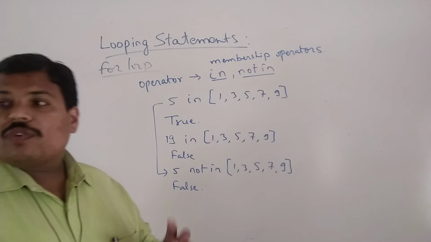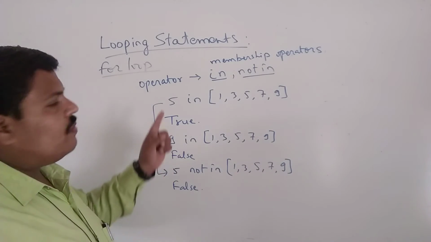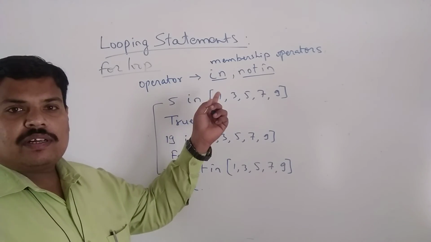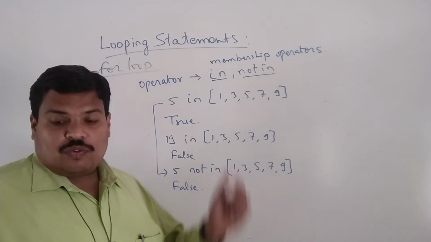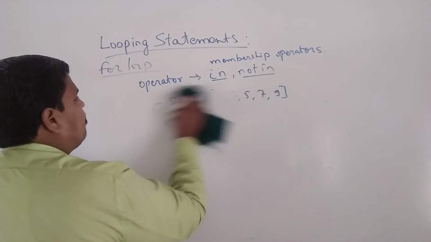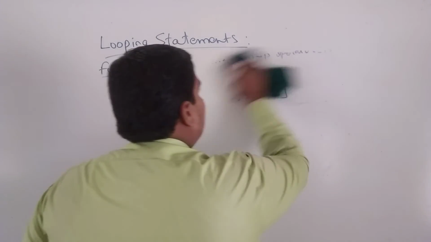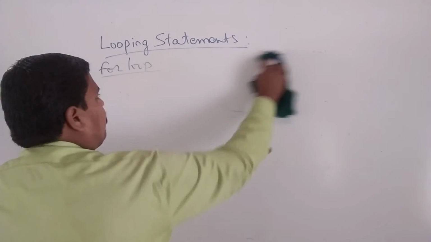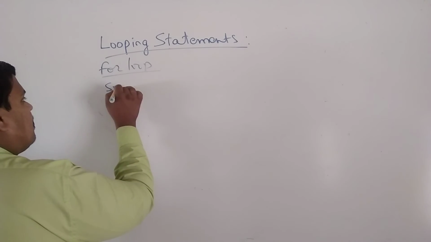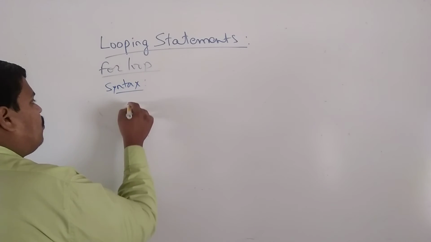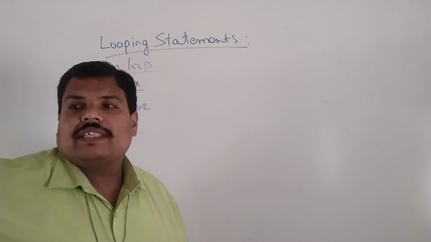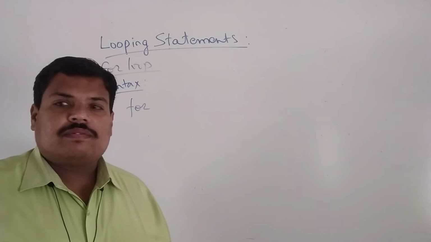Okay, so now the for loop makes use of the range function and this operator, known as the membership operator. So with the combination of these two, the for loop can be defined. Now see the syntax for the for loop. For is the keyword, like if.